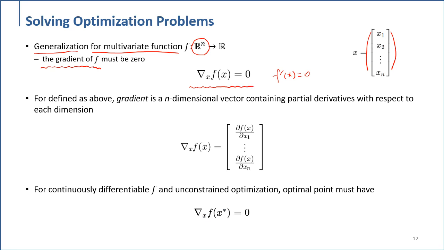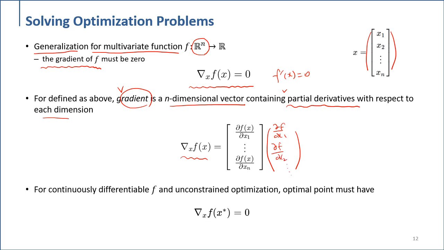Here, for f defined as above, the gradient is an n-dimensional vector containing the partial derivatives with respect to each dimension. As we know about gradients, the gradient simply consists of the partial derivatives with respect to each variable. For example, partial f over partial x1 is the first component of the vector, and partial f over partial x2 is the second component.